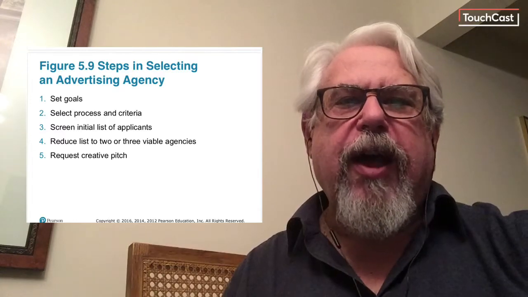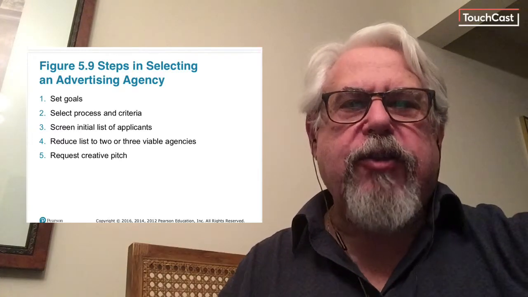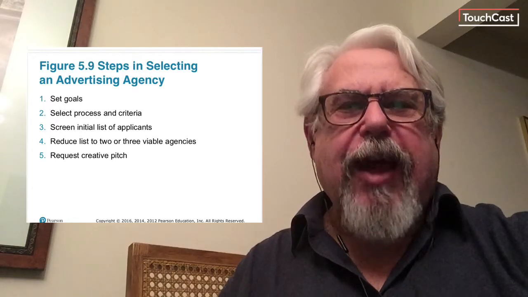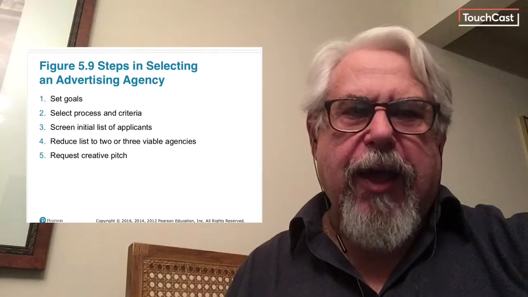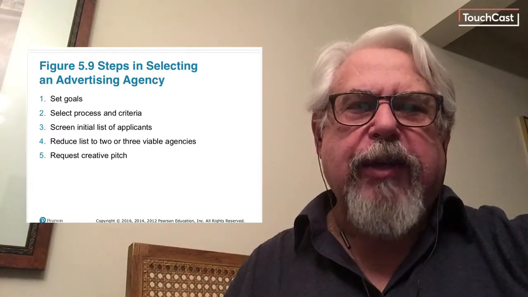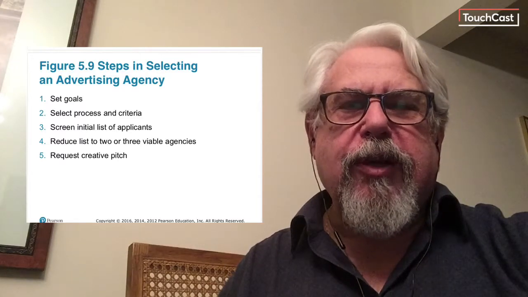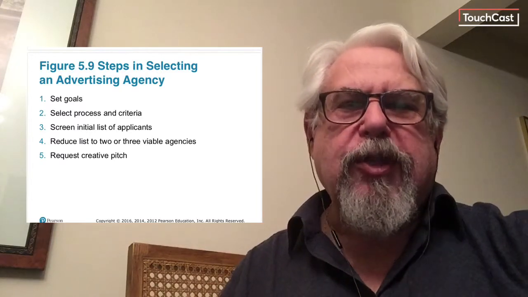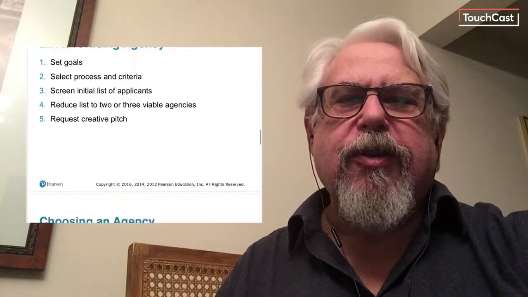From that, we want to evaluate, screen the initial list of applicants, get it down to the top 2 or 3, and then sit with them and hear their creative pitch, just as each of you will be participating with your fellow students in a group to produce and deliver your own creative pitches for the products and services you're going to create.